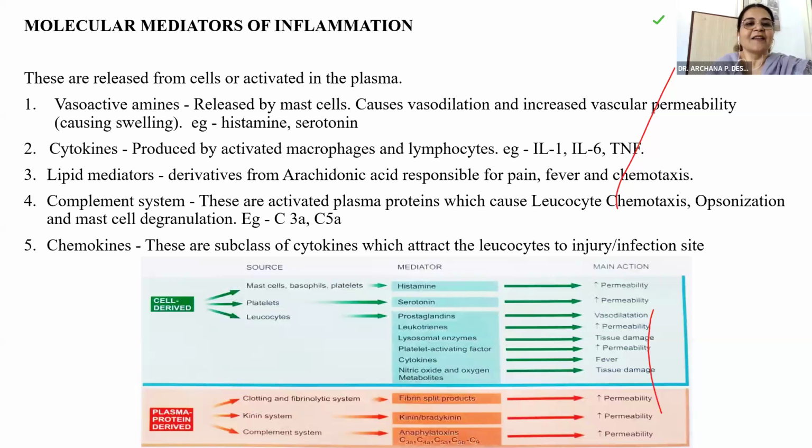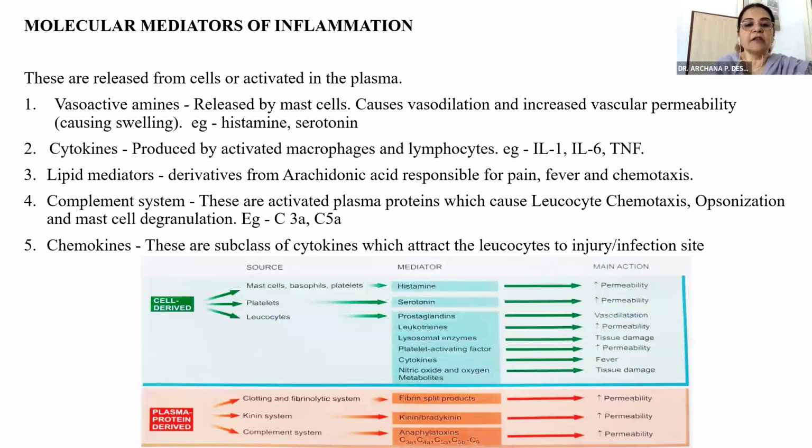The molecular mediators of inflammation: a large number of molecular mediators are released by the mast cells, by the WBCs like the macrophages, the lymphocytes, the activated plasma proteins, and the lipid mediators, which are responsible for the pain, fever, and the chemotaxis.